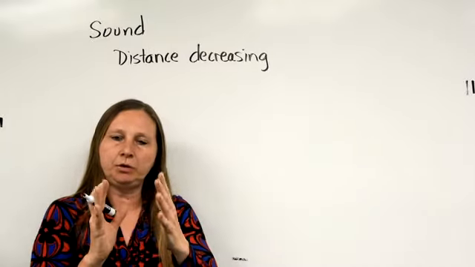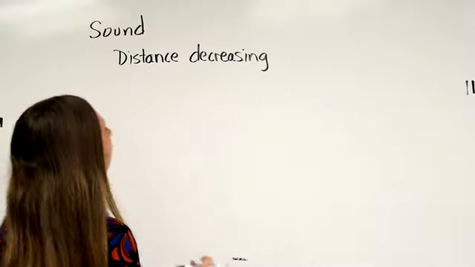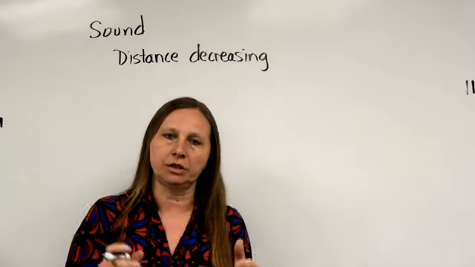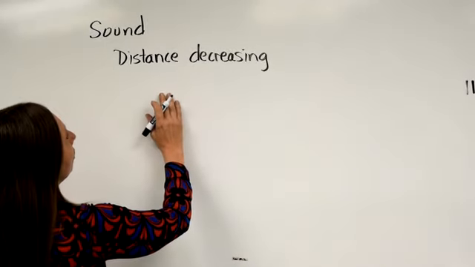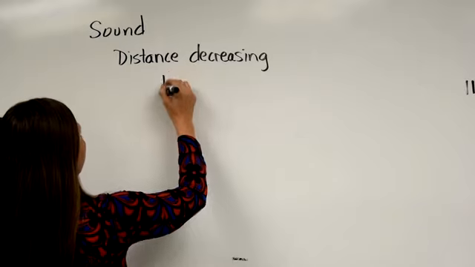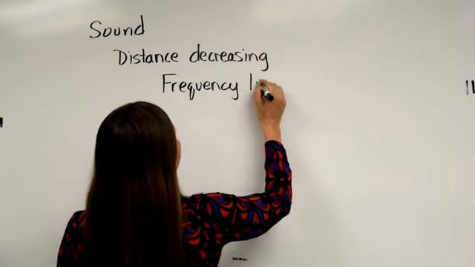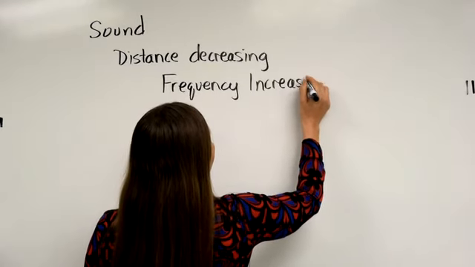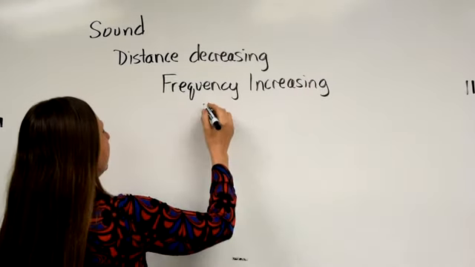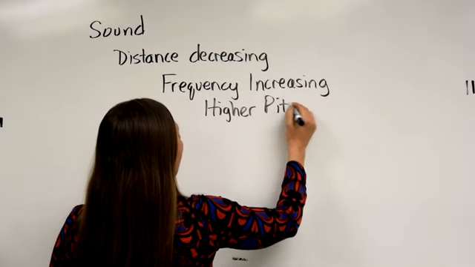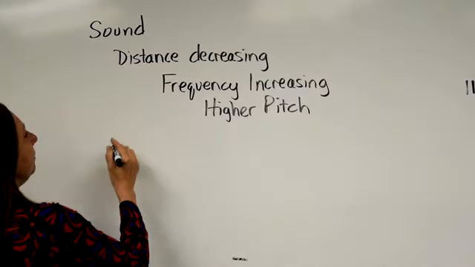If that distance between them is getting smaller and smaller, you've got a relative change in the distance, so the frequency is increasing. That's going to be a higher pitch.